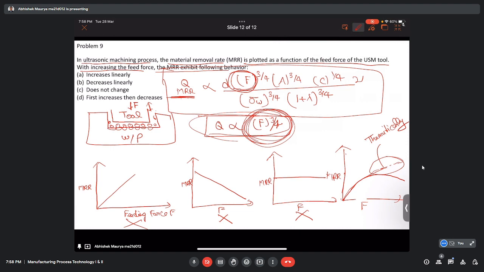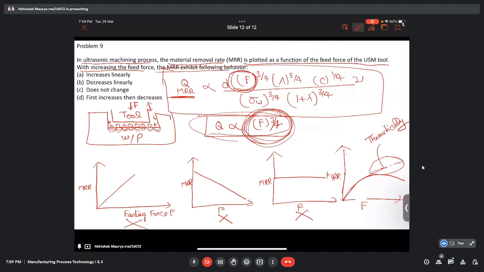So if we keep on increasing the force, of course the fracture size will become larger. If we give high load, then the workpiece will have a higher fractured area or higher fractured volume. So MRR should increase, but there is a limit for that.